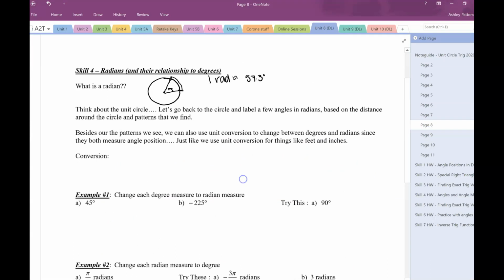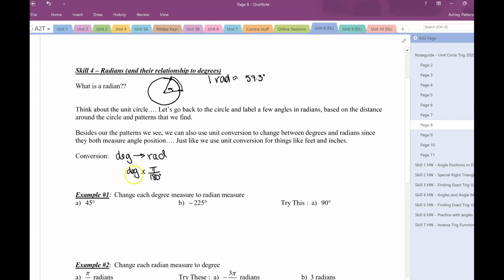There is a way to convert. We can use a conversion to change from degrees to radians. So if I am going from degrees to radians, we take the degree measurement and we multiply that by pi over 180 degrees.